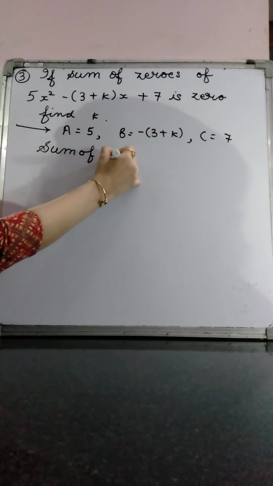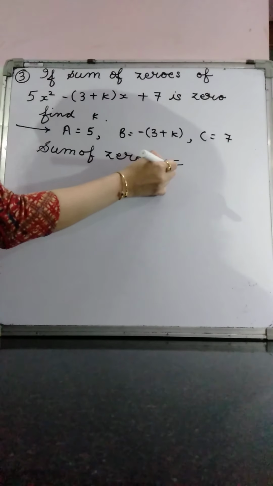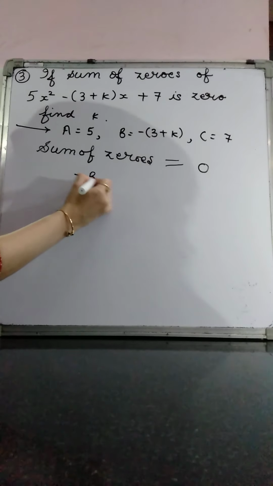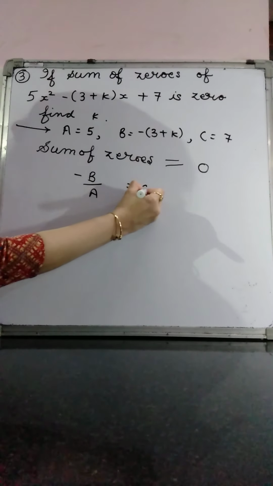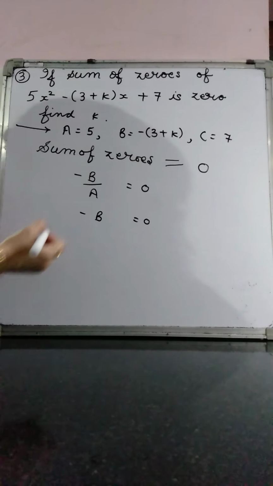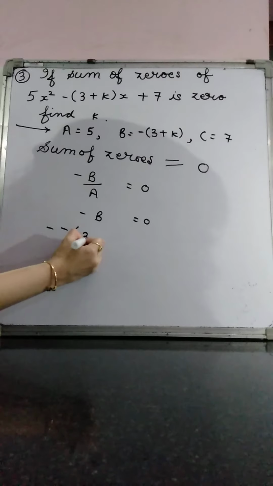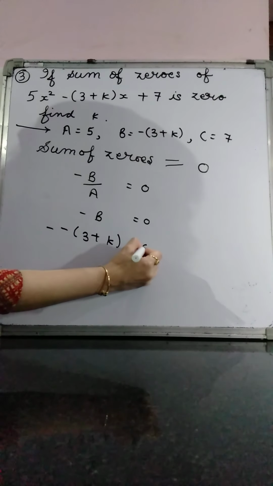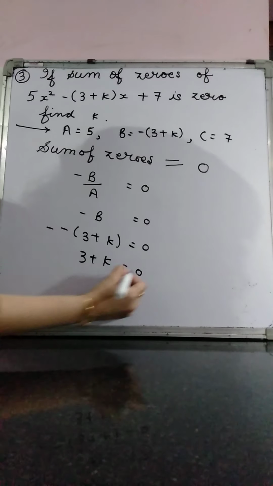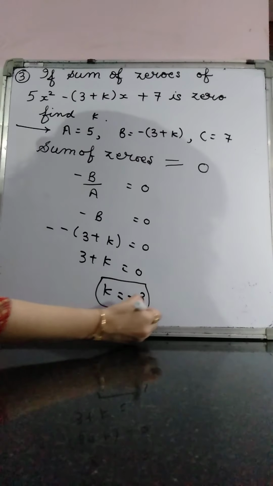Apply the formula: minus b by a is equal to 0. a into 0 is 0. Now substitute the value of b. Minus and minus plus, so the value of k is 3. Answer.